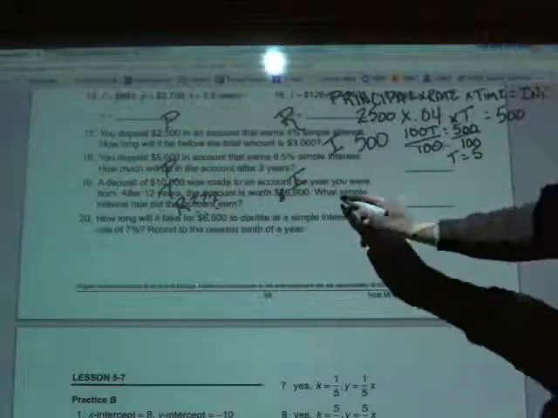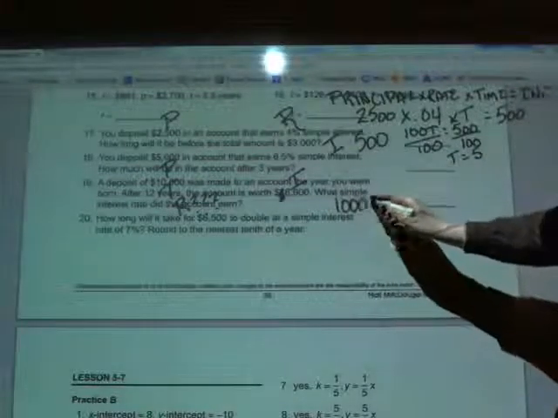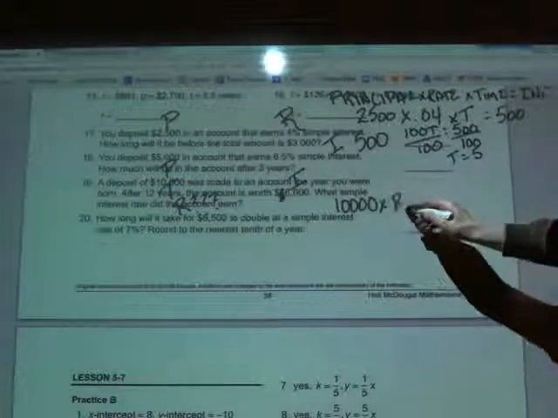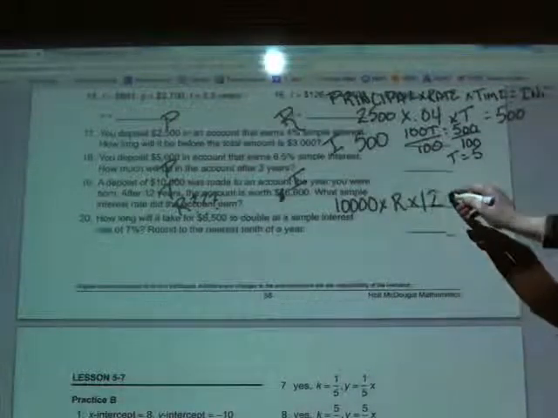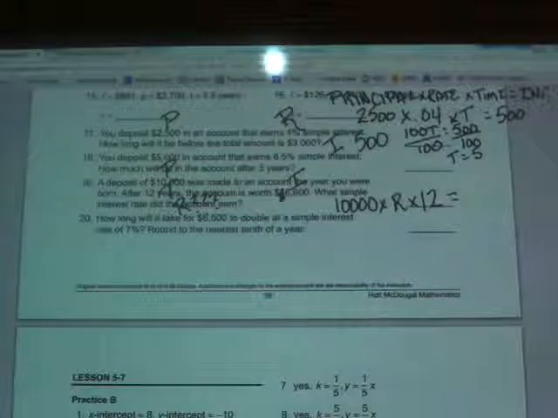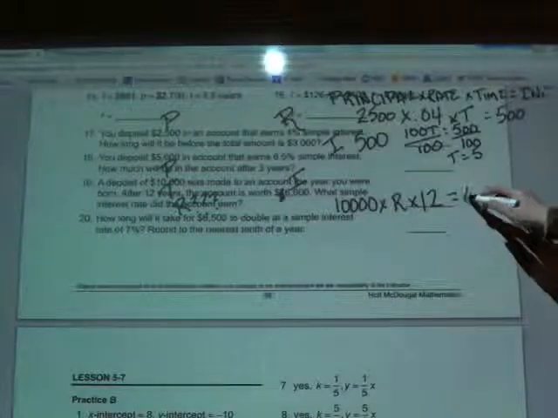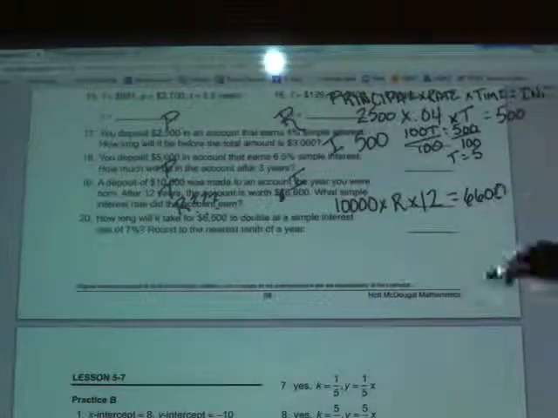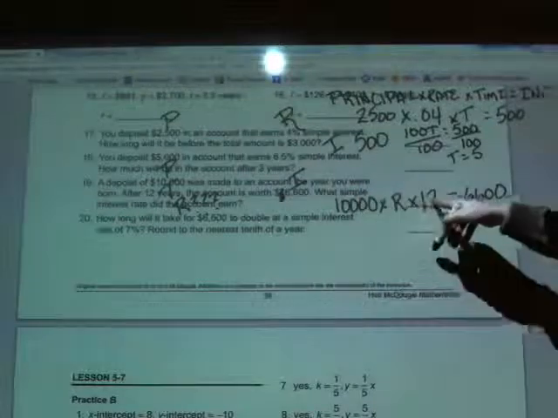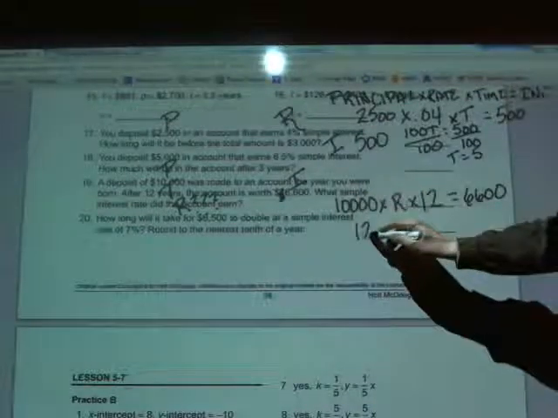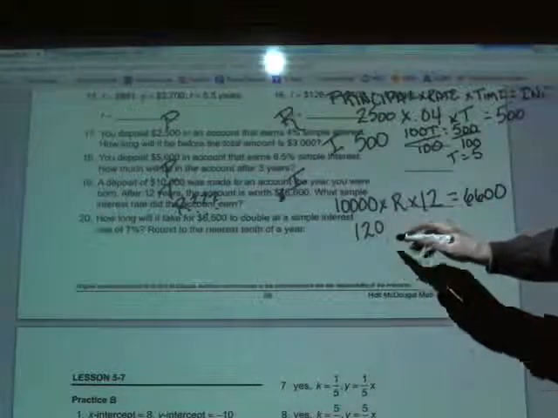So let's dump numbers into the formula here. Principal first, 10,000, times the rate we don't know, times the time, which is 12, and it's got to equal how much money I made in interest, which is $6,600. Solve the equation. Well, we've got 10,000 and 12 being put together here. That's going to change into 120,000.